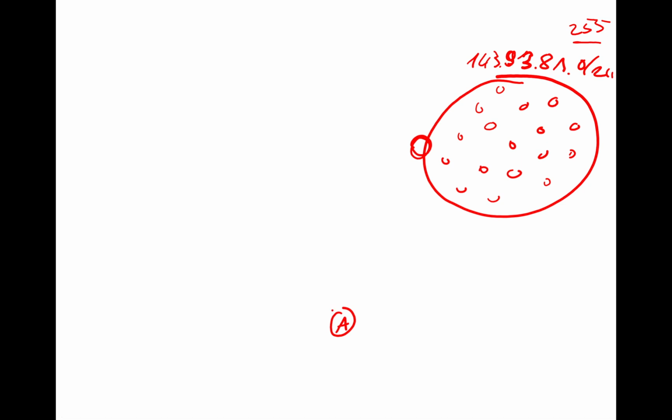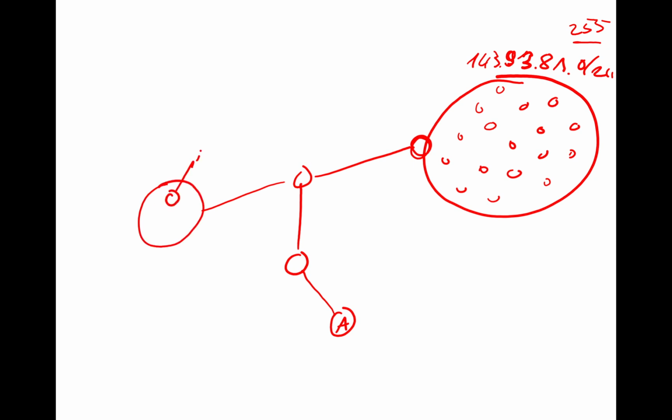So let's say this attacker is connected through some router to this net ID. And let's say we have here a critical server, a mail server, and it has the IP address 143.93.82, so it's in a different subnet, doesn't matter.